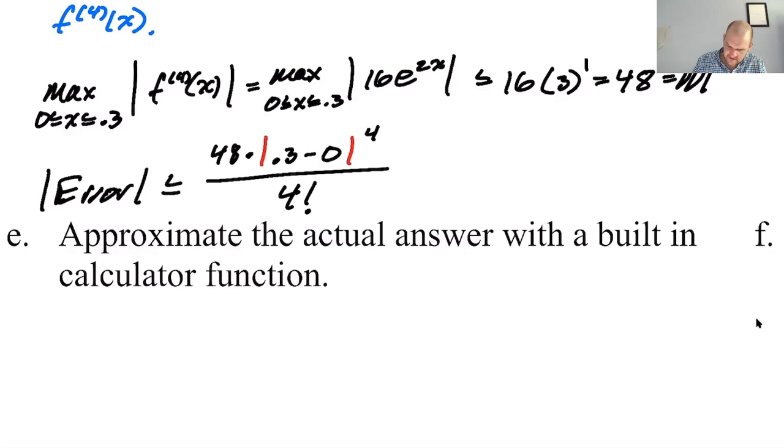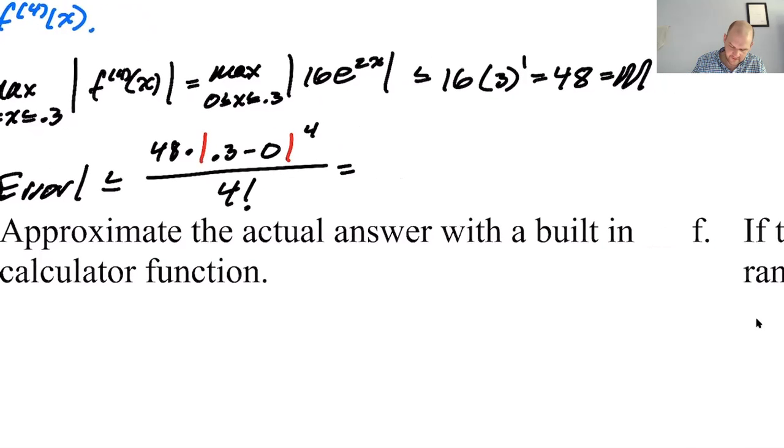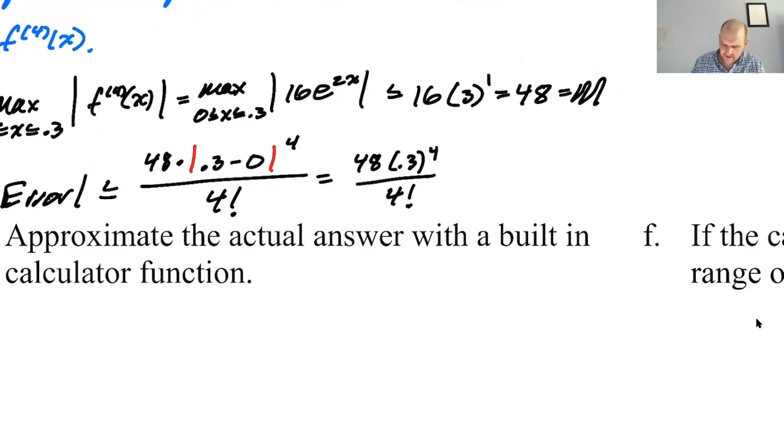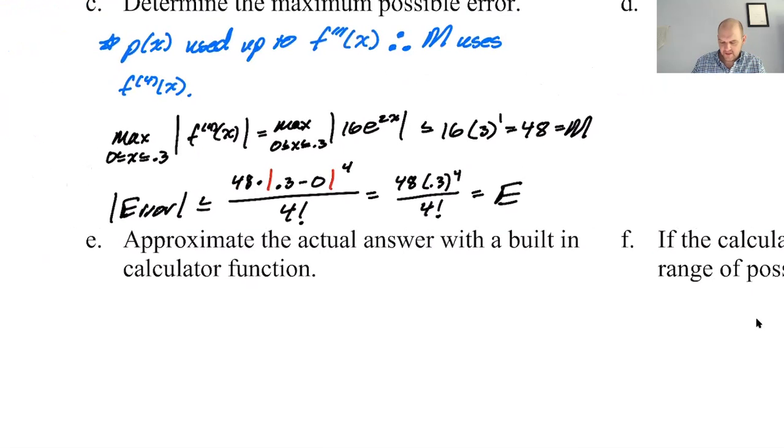And this is equal to 48 times 0.3 to the 4th over 4 factorial. This definitely simplifies, but I don't really need to do that. I'm going to name that capital E.